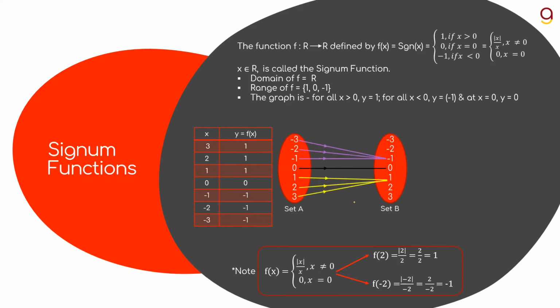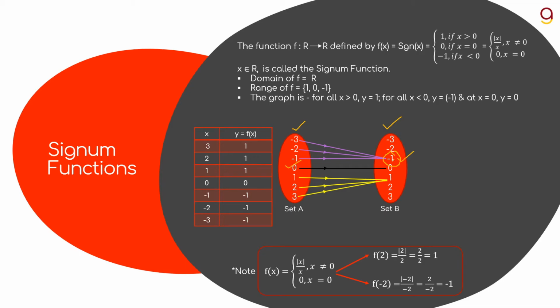Now, let's see the arrow diagram for the same. In the arrow diagram, here we have set A, the domain. Here we have set B, the codomain. Now, if we take the elements minus 3, minus 2, minus 1 of the domain, what happens? They get linked with minus 1, a unique image.